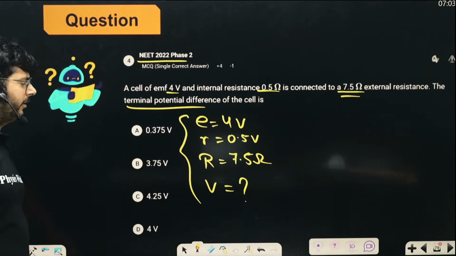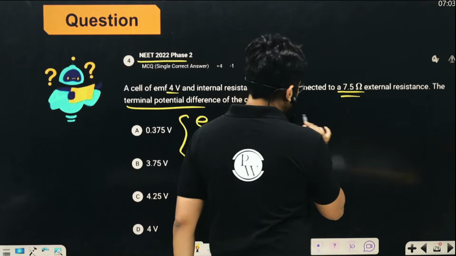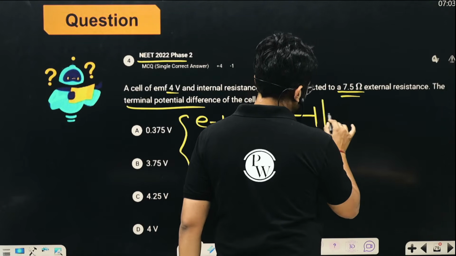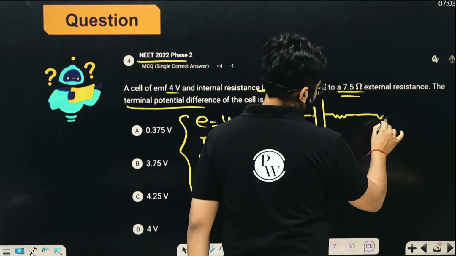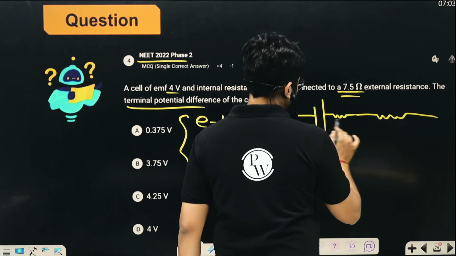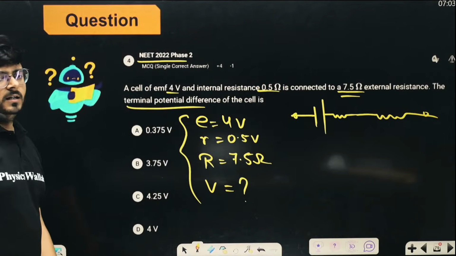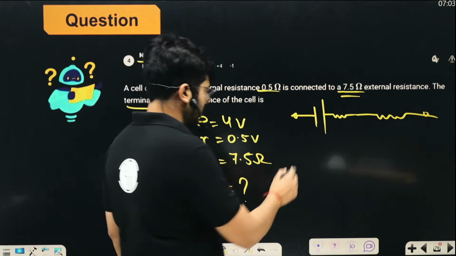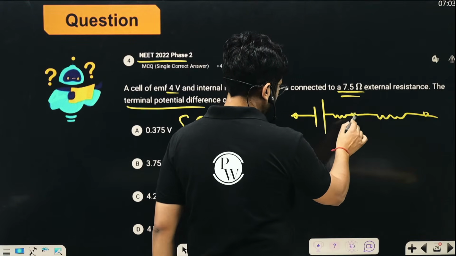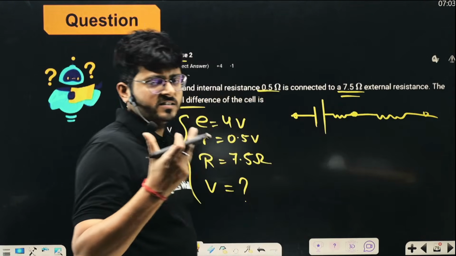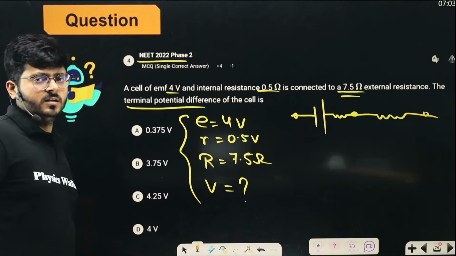Think about it. If this is how the cell is, this is the internal resistance, and here we have the external resistance. So basically we have to talk about the terminal potential difference for the cell, the effective potential difference that will actually come out of the circuit, right?